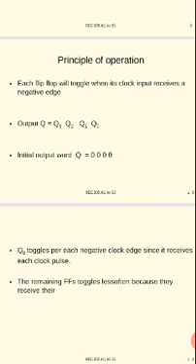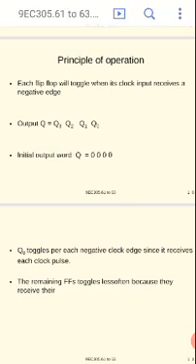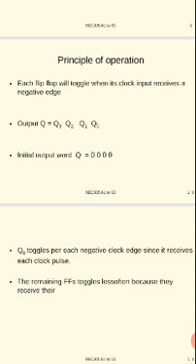Q0 toggles for each negative clock edge since it receives each clock pulse. The remaining flip flops toggle less often because they receive their clock from the previous flip flop.